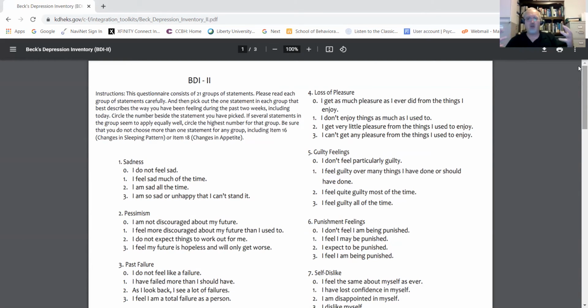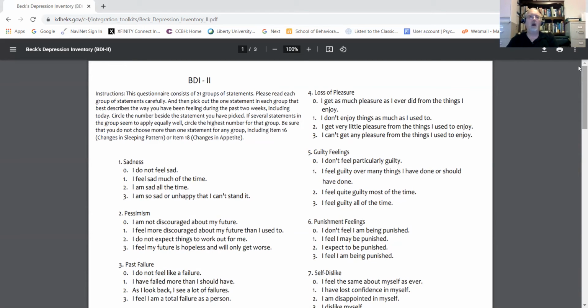So they found a large group of depressed individuals and compared them to a group of non-depressed individuals, and identified the sort of negative statements that individuals with depression made more often about themselves and about their lives than individuals who were not depressed.